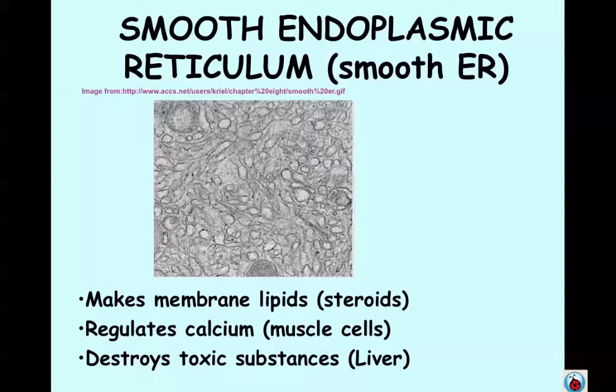When you think of fat, you think of smooth objects or fat animals. They're usually flubbery and they're soft and squishy. So a smooth ER might be smooth looking and squishy looking. And so it's going to make the lipids or the fats. Some more things that it does, it regulates calcium in muscle cells and destroys toxic substances in liver.